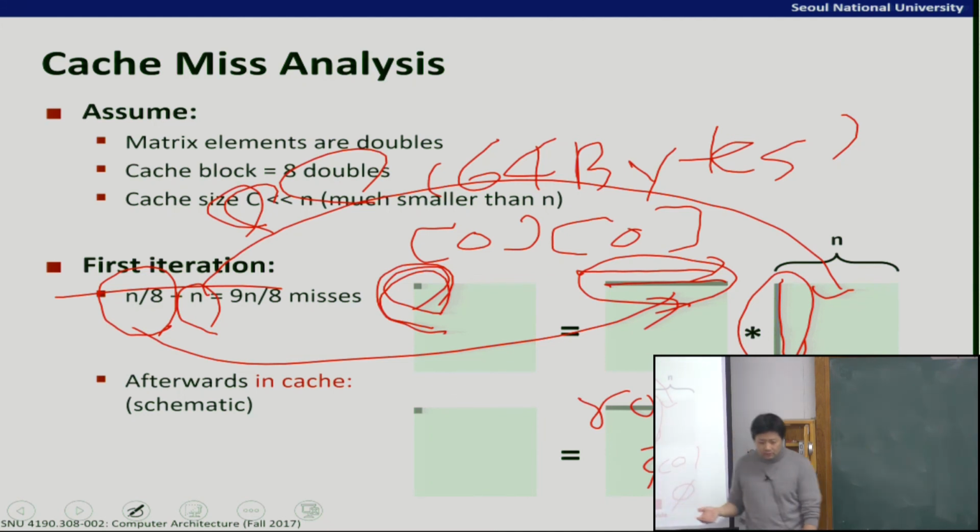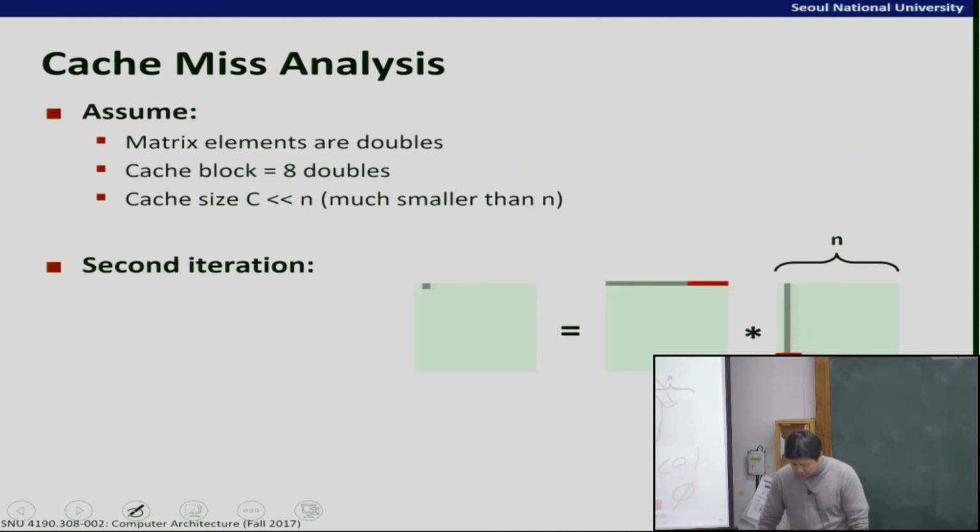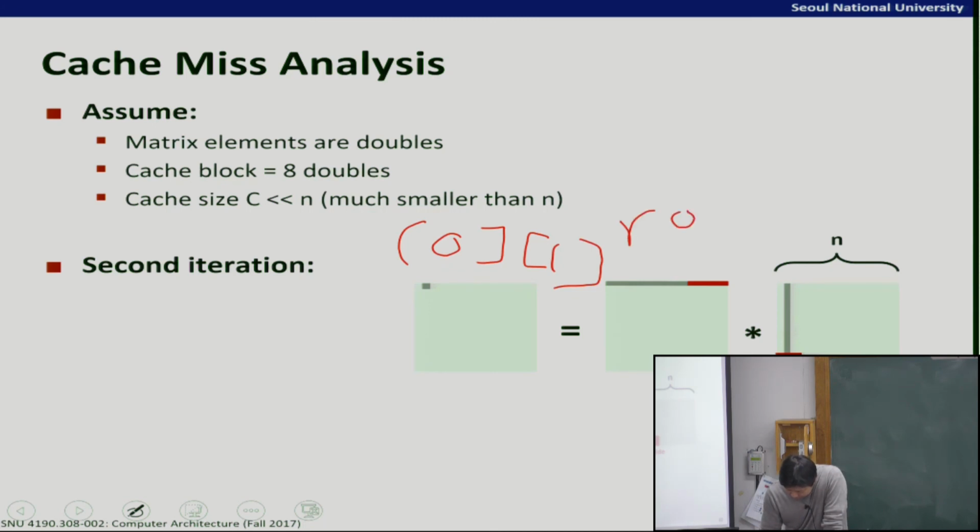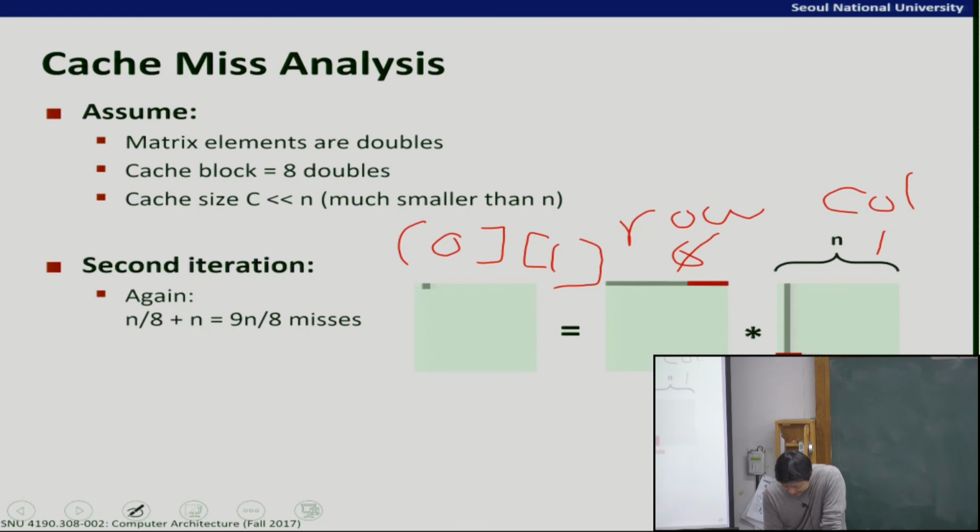So what about the second iteration? If you move on to the second iteration, it's more or less the same. Now you compute the value of 0, 1, so we sweep row 0 and column 1. Again, at the end, we have the same number of cache misses here.